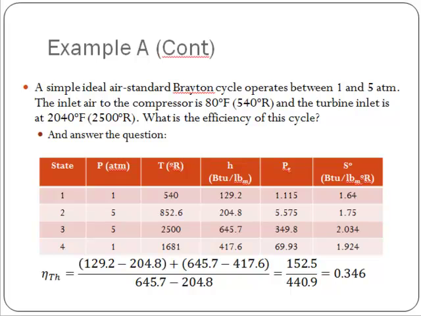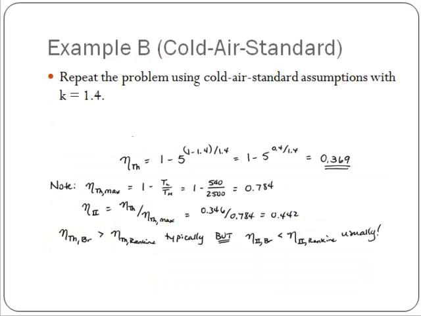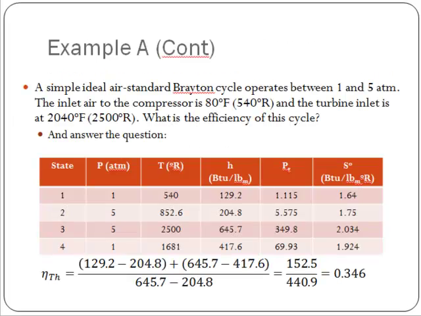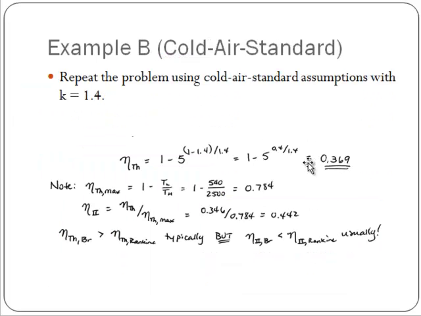Now, for the sake of argument, what if I calculated this efficiency using cold air standard? I'm using a value of 1.4 for k. My pressure ratio is 5. I get 0.369. So before, what was it? 0.346. Now 0.369.